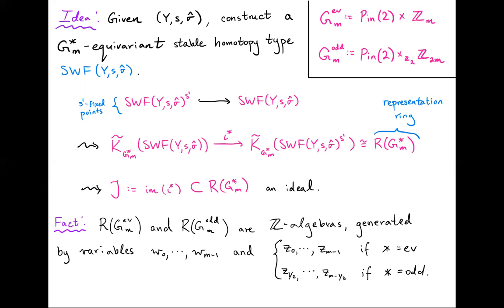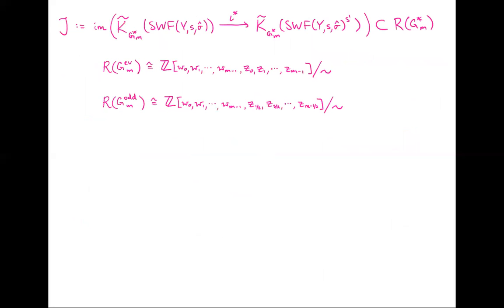And depending on whether star is even or odd, we get some z variables. In the even case, it goes from z0 to z(n-1). And in the odd case, it goes from z(1/2) to z(n-1/2). And then modulo some relations, which I will not tell you because they're really gross. But okay, so here's the full setup.